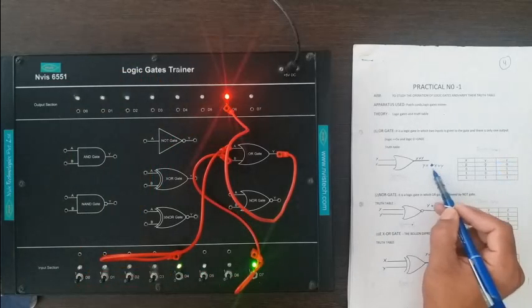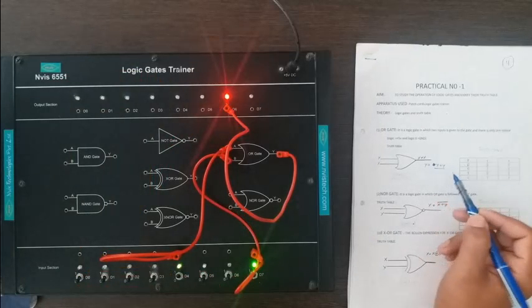This is the expression for OR gate, y is equal to x plus y. This is the addition of two inputs. So come to the next.